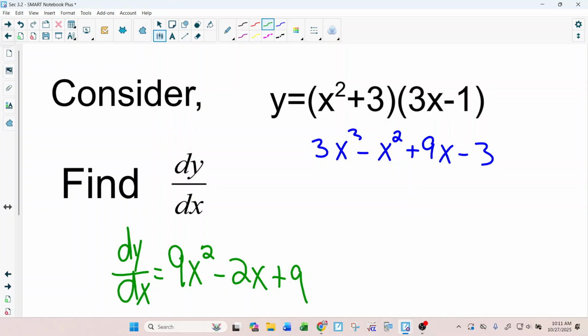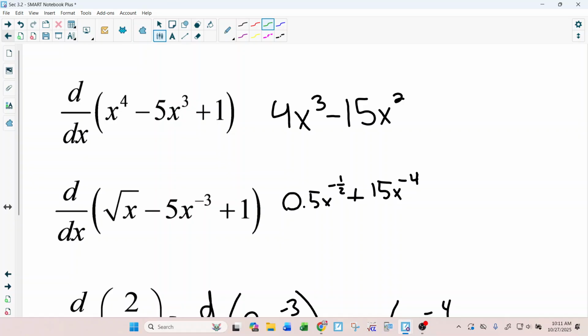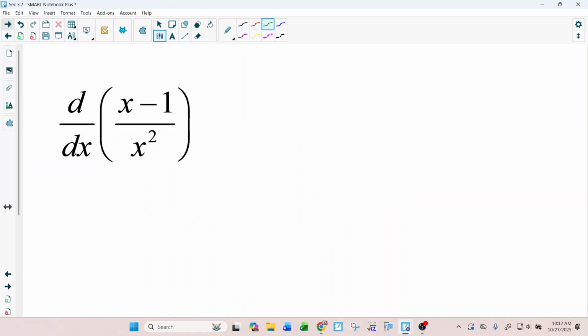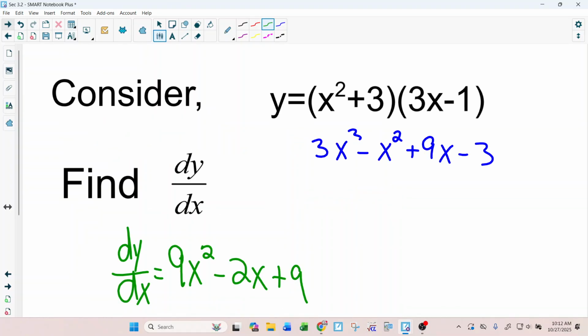All good so far, just like we expect. Now, if you think back to when we were doing these, if you were going to try to take the derivative of this, all you did is you took the derivative of the first and then just added it to the derivative of the second, and you just did each one, right? So if we don't have addition, but we now have a multiplication, what would happen if we just took the derivative of each piece? The derivative of the first piece would just be 2x.